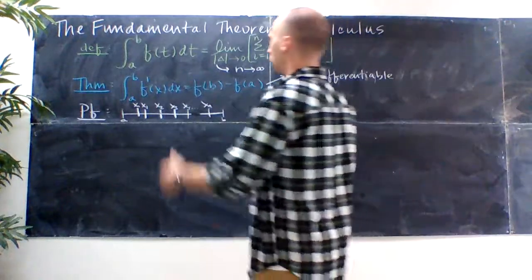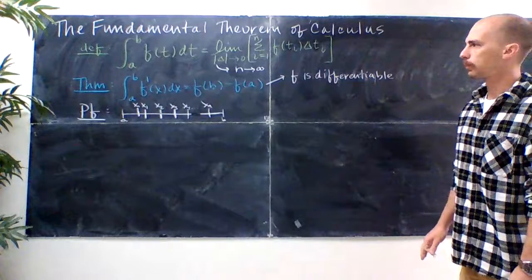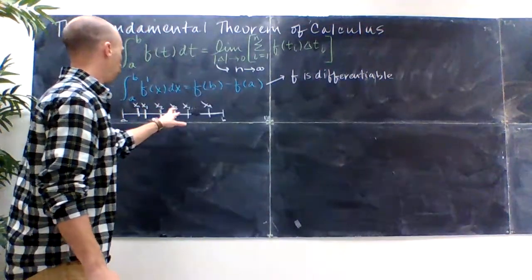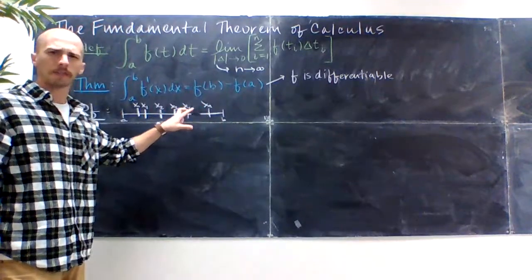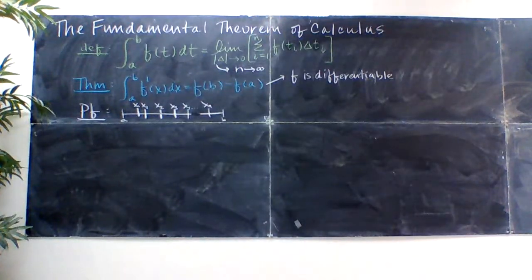And then I've got a and b on either side. Okay, so I've got, let's see, my 0th, 1st, 2nd, 3rd, 4th, plus 1st. I feel like I've got too many subintervals here, but let me look and make sure. I think it's going to be all right. Oh, and I see where we're going here.